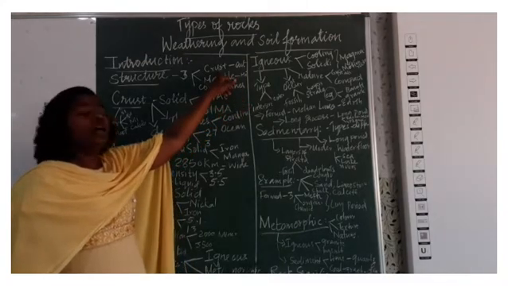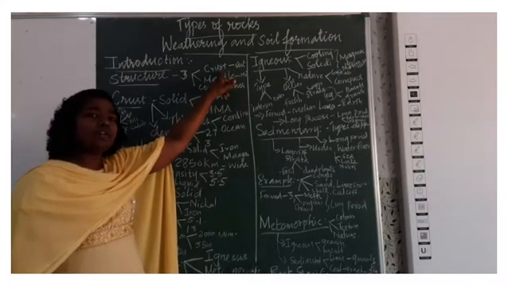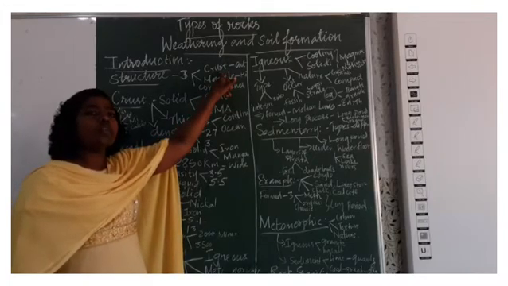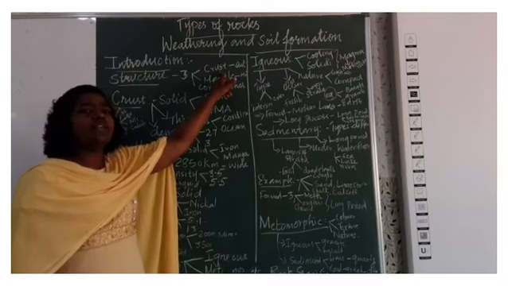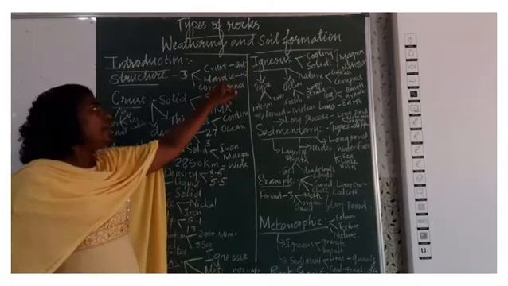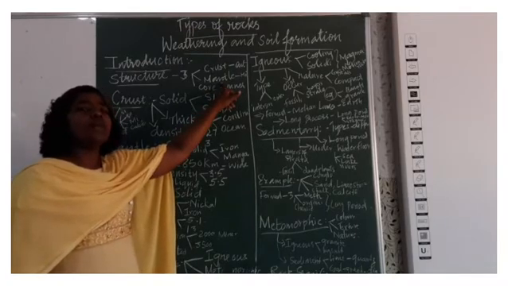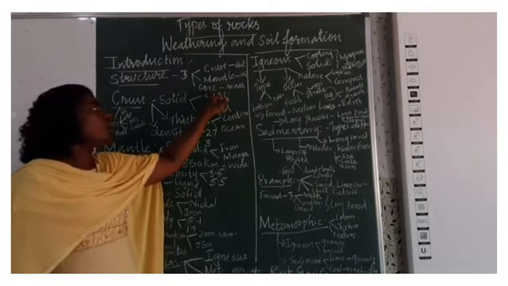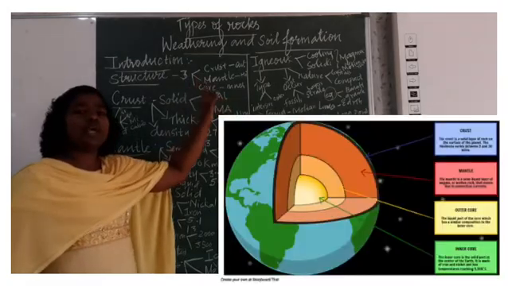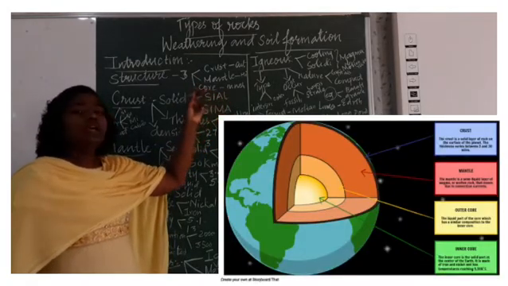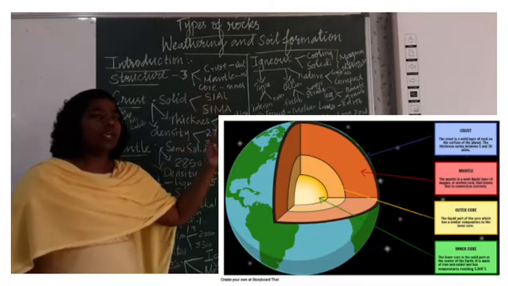The crust, the outer layer of the earth, is solid, that consists of rocks, soil and different other minerals. Mantle is semi-solid, and core is divided into 2, inner core and outer core. Inner core will be solid and outer core will be liquid.